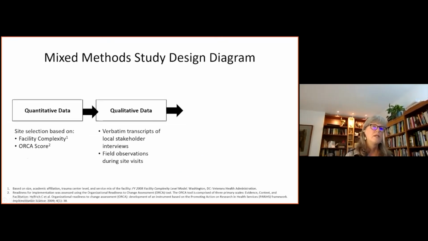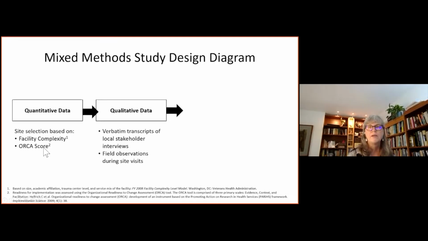I'm not going to go into great detail about the source and the methods of data collection, but just to suffice it to say that we use quantitative data on the complexity of facilities, which is a score that we apply to medical centers within the VA that indicates things like size, whether they have an academic affiliation, the number of specialty services offered, the type of emergency care provided, and then also an assessment of readiness using the ORCA, which is the Organizational Readiness for Change Assessment by Helfrich et al.